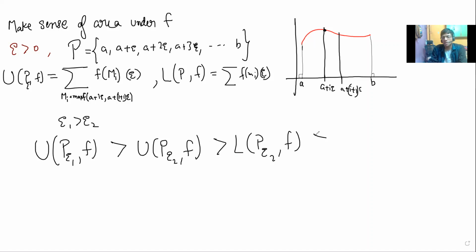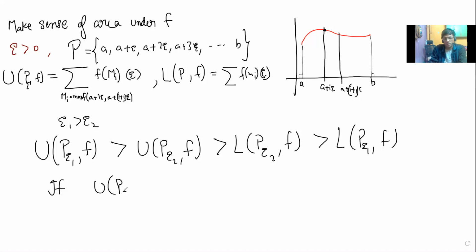But the lower sum increases when you decrease the epsilon, because the minimum over smaller sets is bigger.